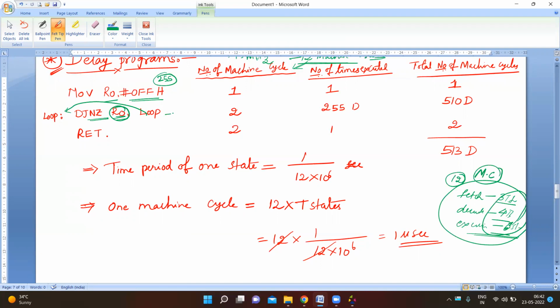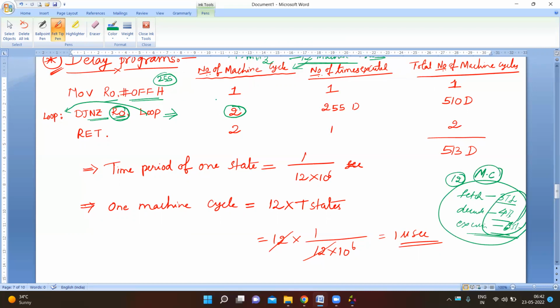For this particular instruction, the decrement and jump on no zero instruction, we require two machine cycles. This we need to know, otherwise they will be given for our calculations, and from an exam point of view, we need to remember these machine cycles.